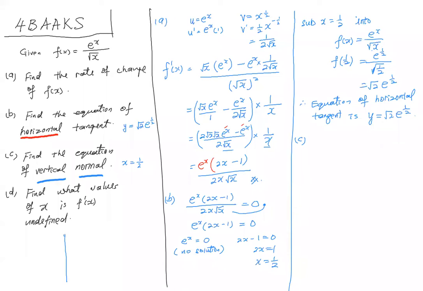The graph for this one goes like that. So if the tangent is horizontal, this is a tangent, and x equal to half, then the vertical normal will be here.